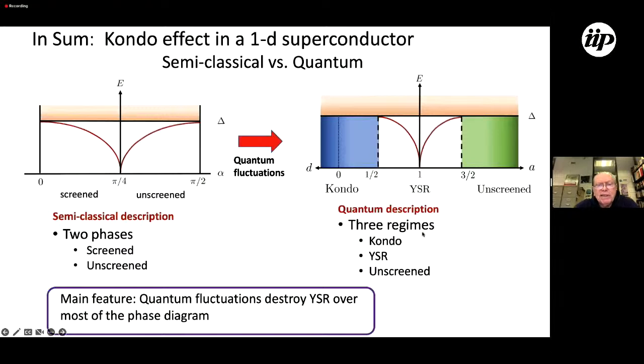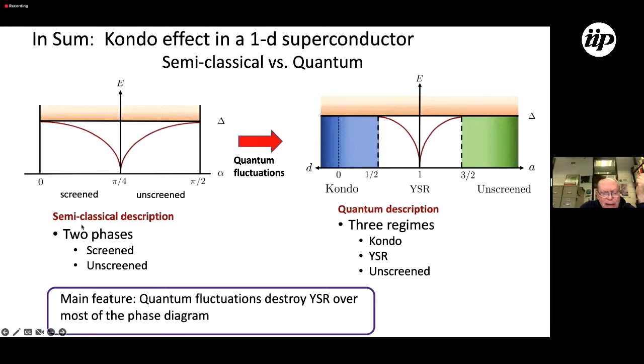So let me summarize then the Kondo effect in a 1D superconductor, as I increased the fluctuation from semi-classical to fully quantum. When I have purely semi-classical, then the whole phase diagram is exhausted by the YSR bound states, and actually not bound state, YSR state, they are bound state only here.